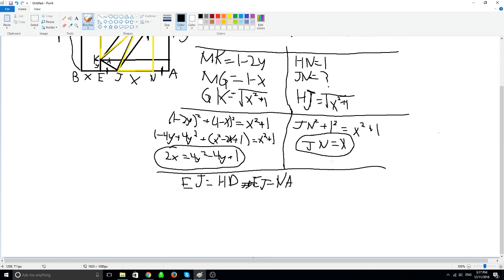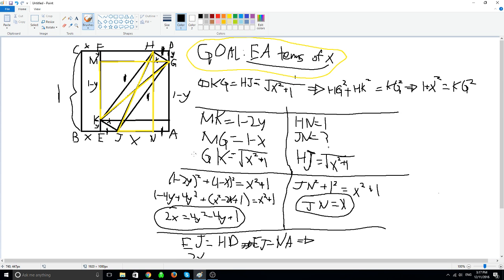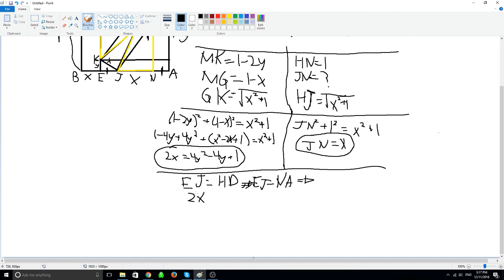So what does that tell us? That means we can now create an expression for whatever EJ is in terms of x, and that is our goal right over here, find EA in terms of x.